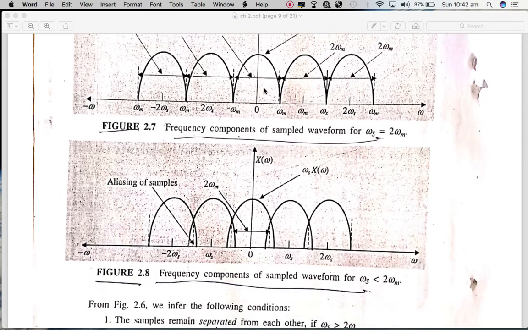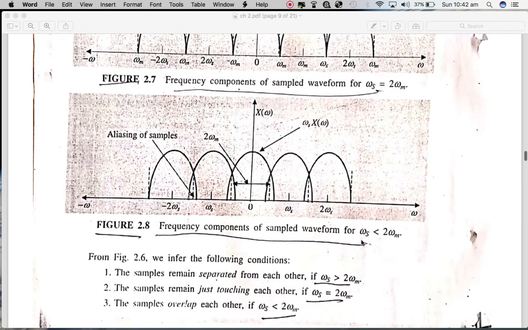In the third scenario, the sampling frequency is smaller than twice the maximum frequency of the analog signal, and then each semicircle is interfering with the other semicircle, causing intersymbol interference, which causes the effect of aliasing, a kind of loss of information, and we have to use some anti-aliasing filter to recover the original lost information. So this is not a good scenario over here.